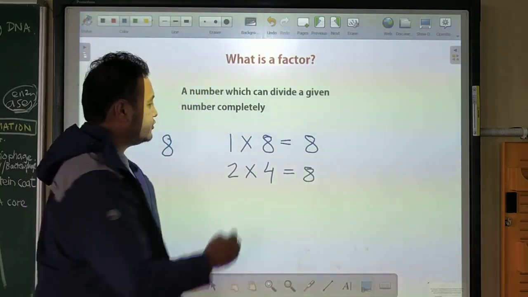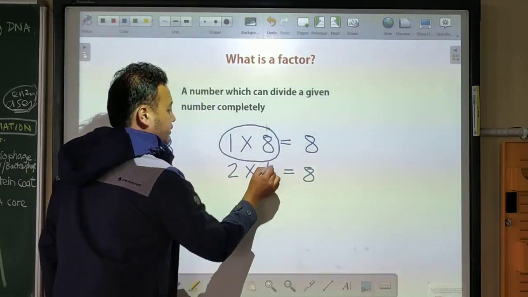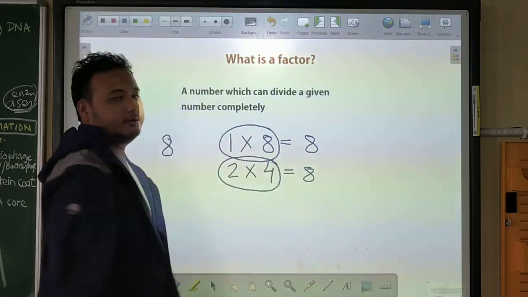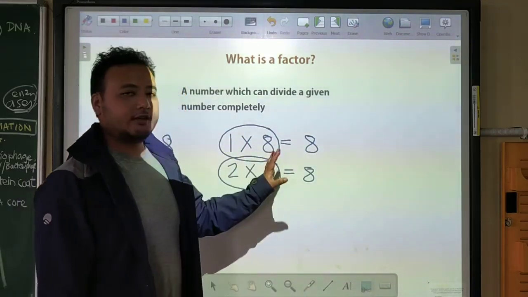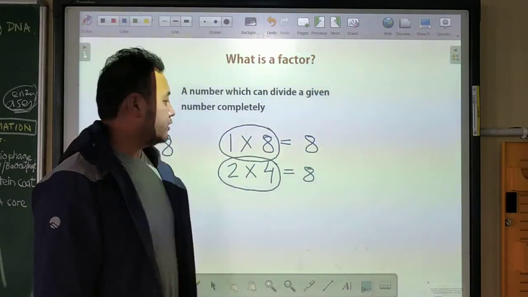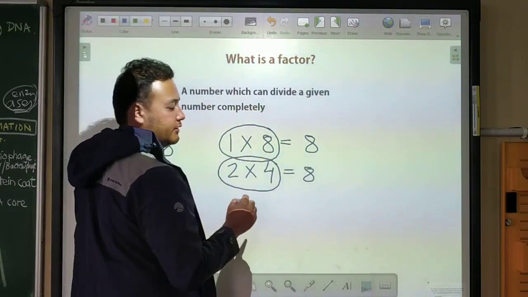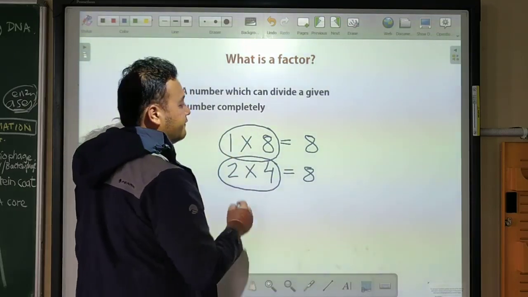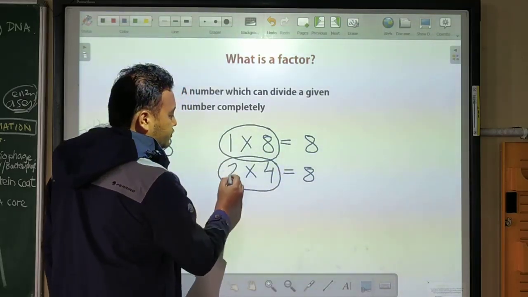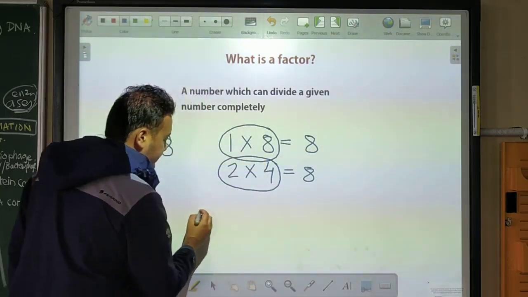Now apart from these two pairs, there are no other pairs of numbers which when you multiply will give you 8. So these numbers, each pair, they represent the factors of 8. So 1, 2, 4 and 8 are factors of 8.